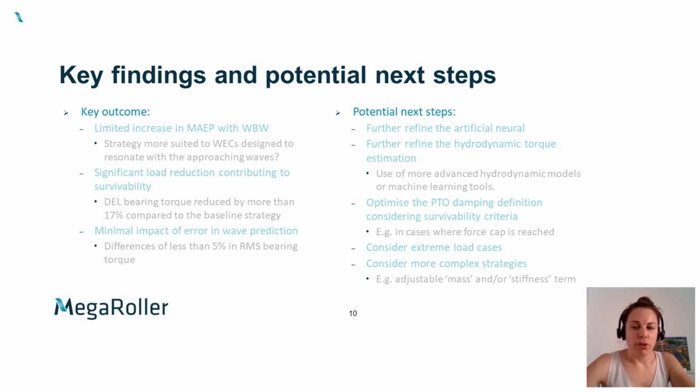This is, of course, very much a preliminary study, and the next step could look at, for example, the refinement of the hydrodynamic torque estimation used in this study, or the optimization of the PTO damping considering survivability criteria, for example, by moving away from the PTO damping coefficient leading to the maximum power.